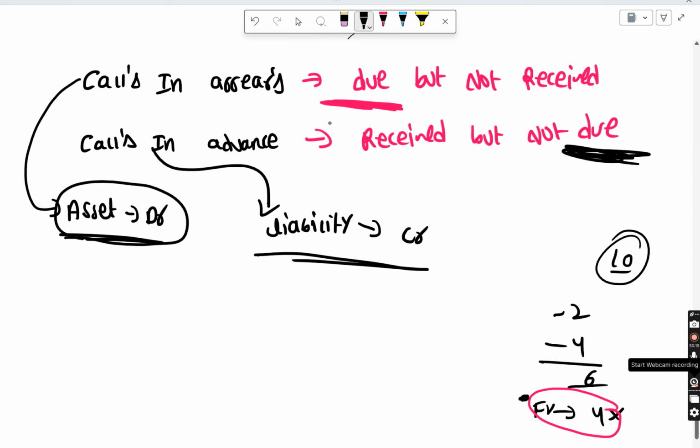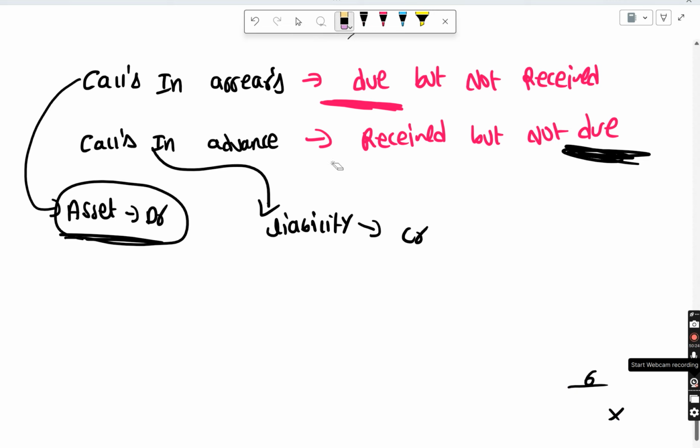So that's why it's a credit liability. Liability shows credit balance. Anybody has a doubt why it is an asset, why it is a liability, let me know. Okay, so calls in arrears is an asset, calls in advance is a liability. Liability shows credit balance, asset shows debit balance.